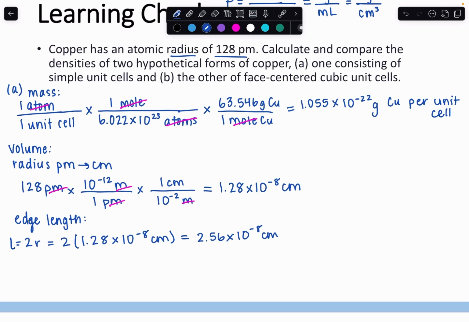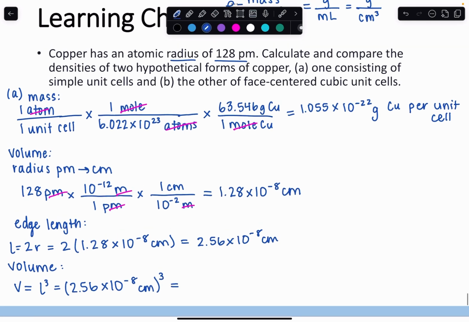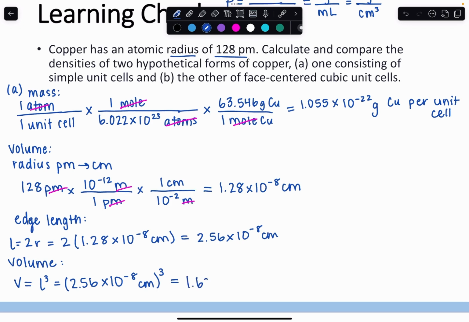Now that we know edge length, we can find volume, which is edge length cubed: 2.56 times 10 to the negative 8 centimeters cubed. This is 1.68 times 10 to the negative 23 centimeters cubed. So that is the volume.